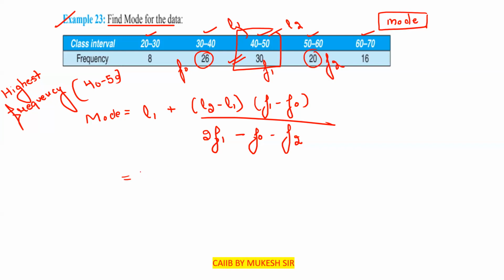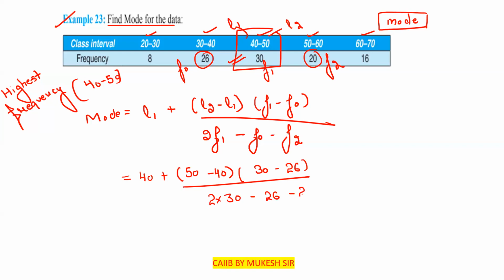Put it here: 40 plus (50 minus 40) times (30 minus 26) upon (2 into 30 minus 26 minus 20).